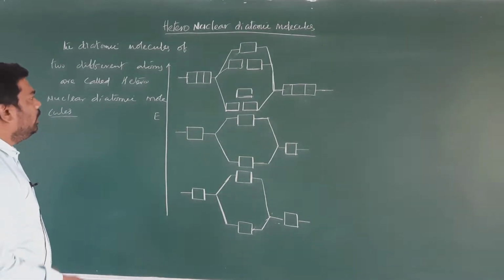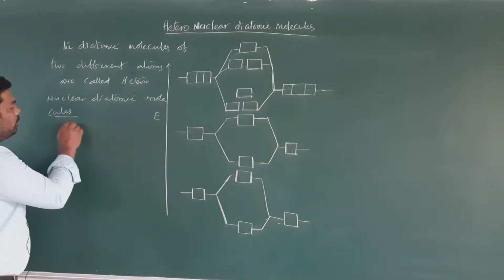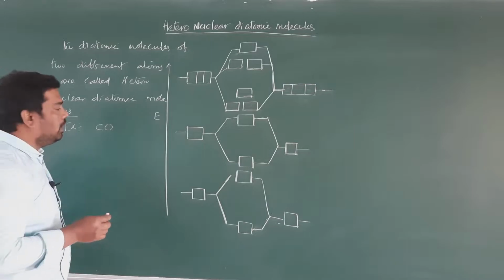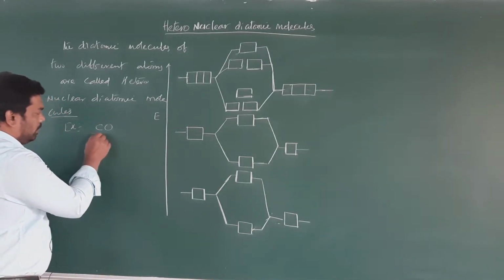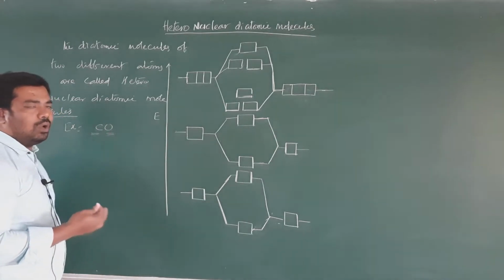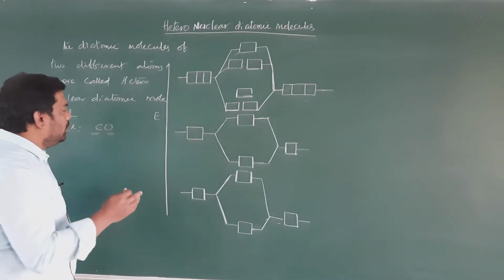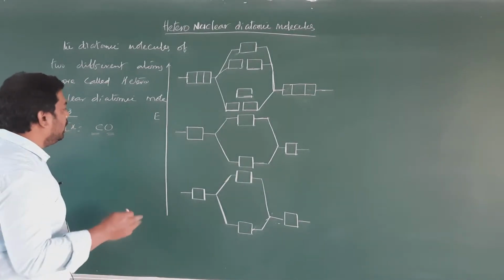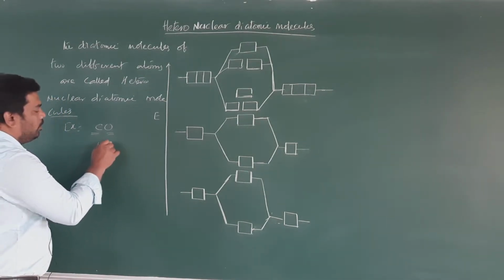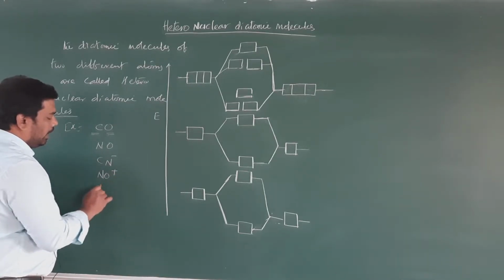In heteronuclear diatomic molecules we have a few examples, that is CO, and the construction of its molecular orbital energy level diagram. Here a carbon atom and an oxygen atom, two different atoms, are overlapping, with mixing of s and p orbitals. Then NO, CN minus, NO plus, HF.